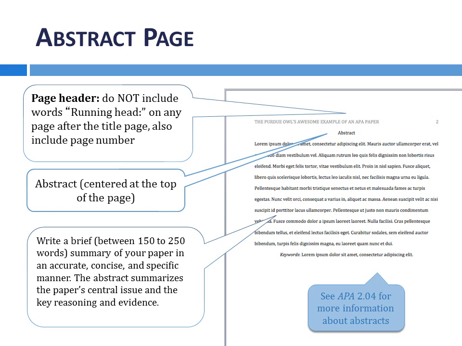This is going to be 150 to 250 words, and you're going to want to be as accurate, concise, and specific as possible. The purpose of the abstract is simply to summarize the paper's key issues, and you want to do this as accurately and succinctly as possible.